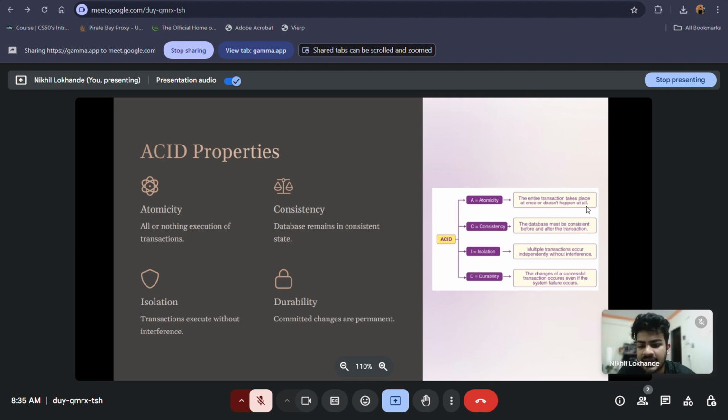Isolation. Transactions execute without interference. So when we are talking about a database management system, a lot of things take place at the same time. So it is really hard for transactions not to affect each other.